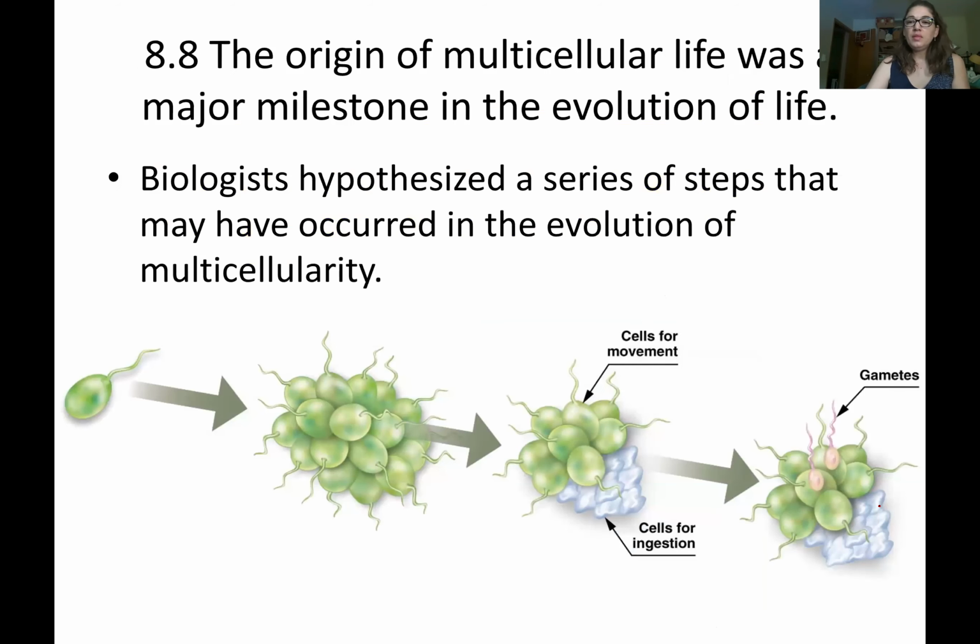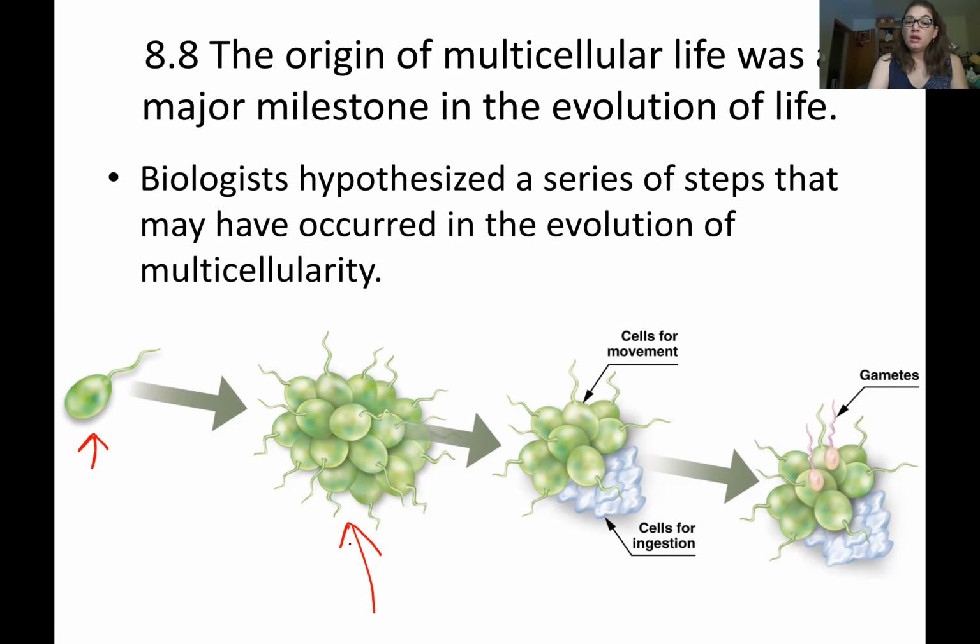Okay, origin of multicellular life. A whole other step of complexity. This again is a hypothesis, because we don't know what truly happened, because no one was there. So we hypothesize that it happened through a series of steps, where a single-celled organism developed into a colony of like or similar type cells.